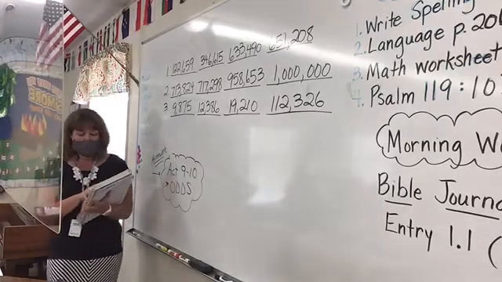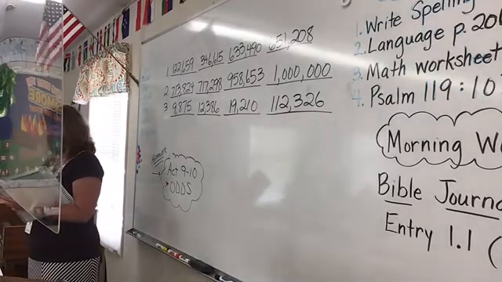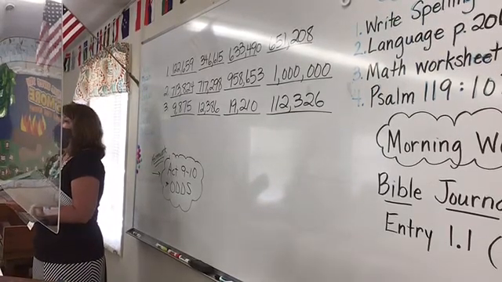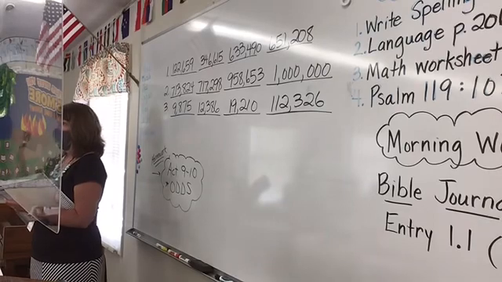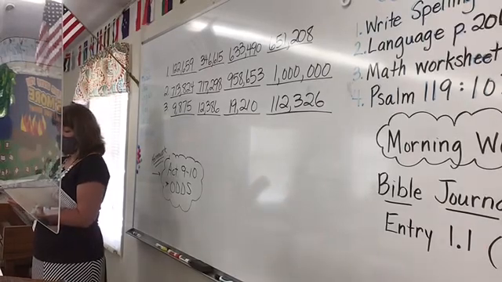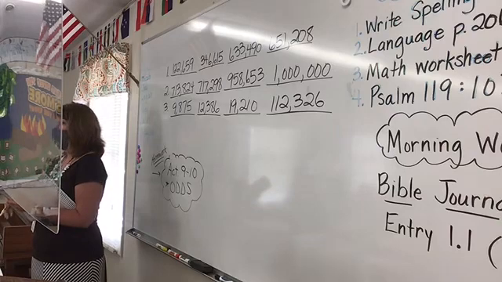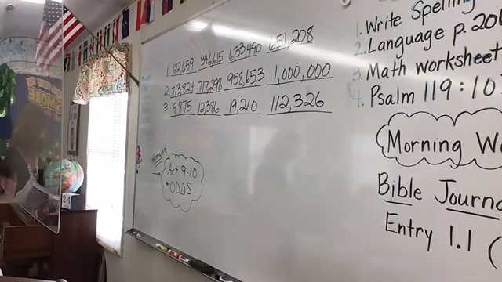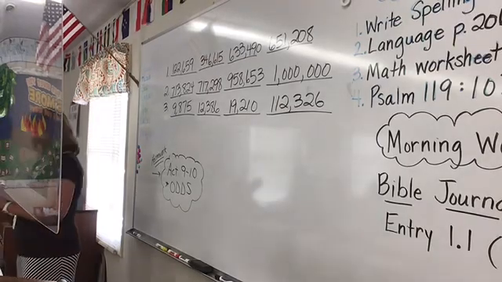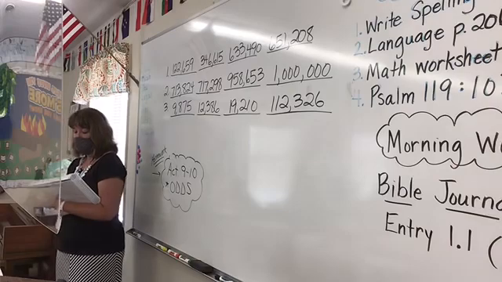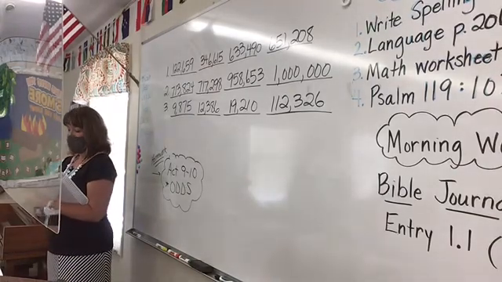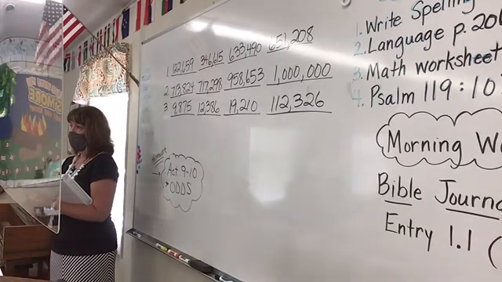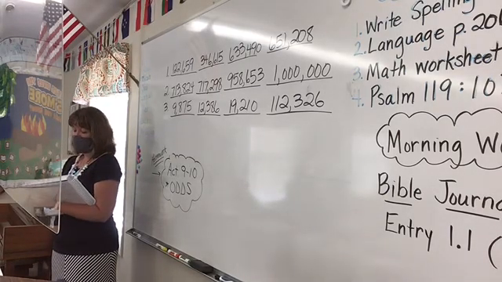Okay, I did number 4 with you. Number 5, you had to circle the digit in the tens place. So what digit did you circle, class? For number 5? 7. You can just go ahead and say the answer. 70. And then what's the value of it? 70. Okay. And then for number 6, which digit is in the hundred thousands place? The 9. And what's the value of the 9? 900,000.